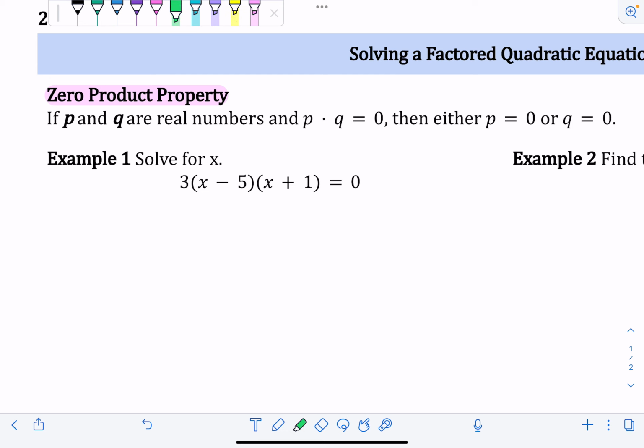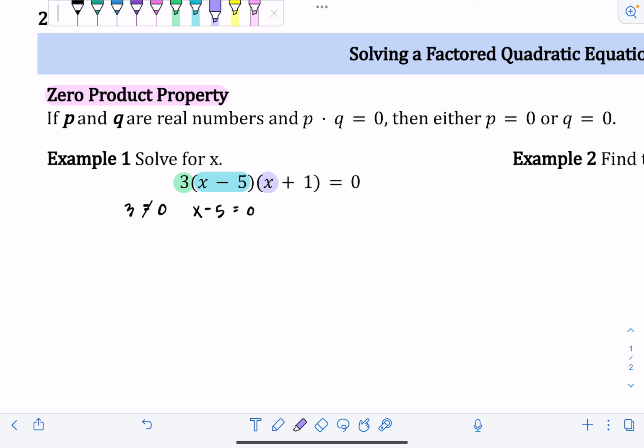If you want, you can take the 3 and set that equal to 0, but it doesn't involve an x, and that's not a true statement, so it's not really relevant. So the next factor we would set equal to 0 would be x minus 5. So I take x minus 5 and I set that equal to 0.